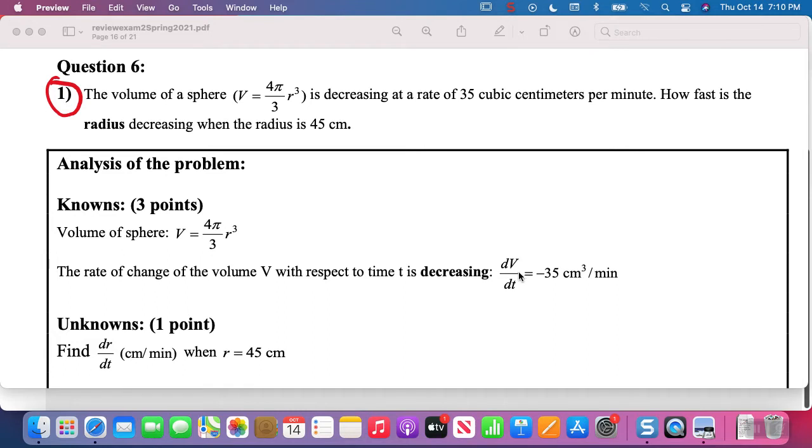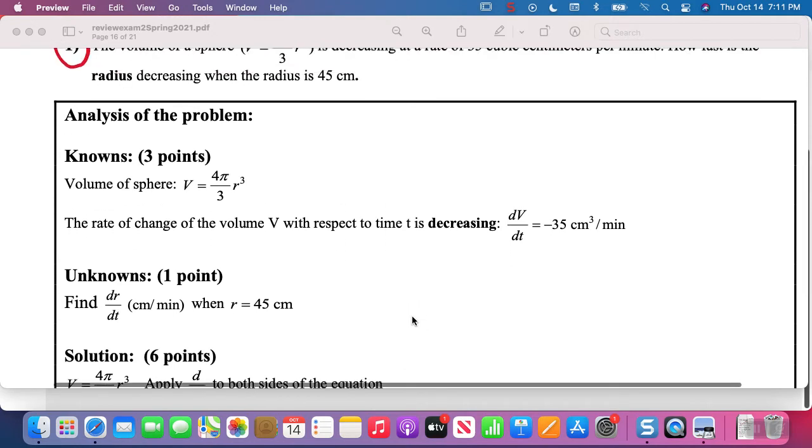In mathematics, we call it dV/dt, the rate of change of the volume with respect to time t, and it is negative 35 because the volume is decreasing. So the rate is negative.